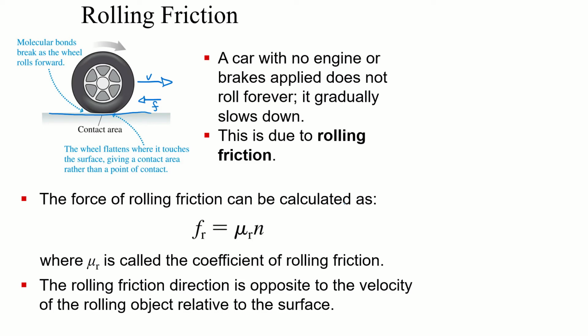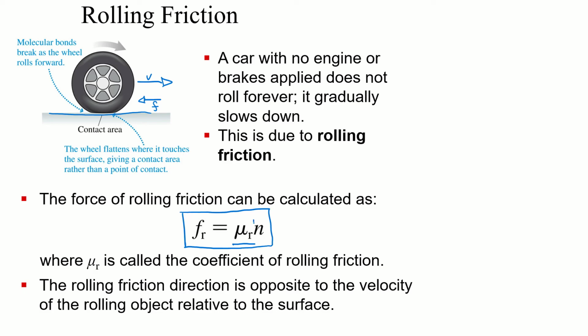In terms of magnitude, it's very similar to the way we've calculated our other frictions, right? It has its own coefficient of rolling friction, again typically much smaller than both the coefficient of kinetic friction and the coefficient of static friction, but basically a property of the materials, the two surfaces, and how sticky they are.